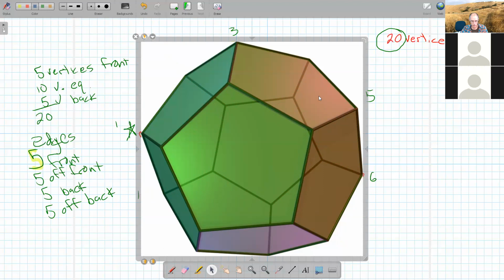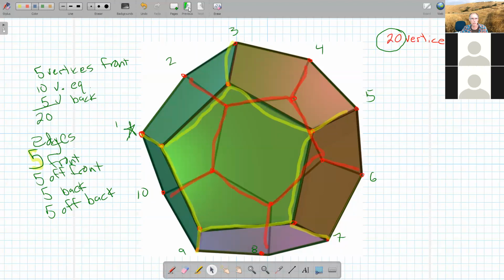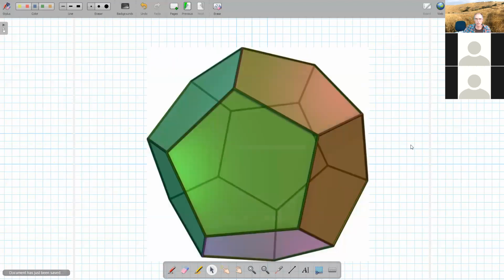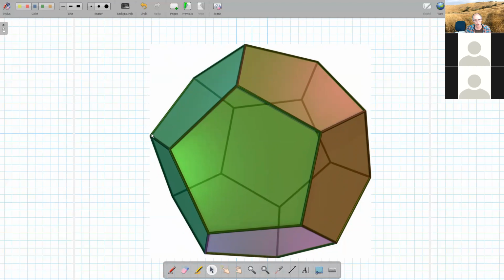Let's see. Let's put it on a new screen. Okay, so here's that shape. So I got the front, the back, and the ones coming off those, but what I missed are these ones coming around the equator of it.